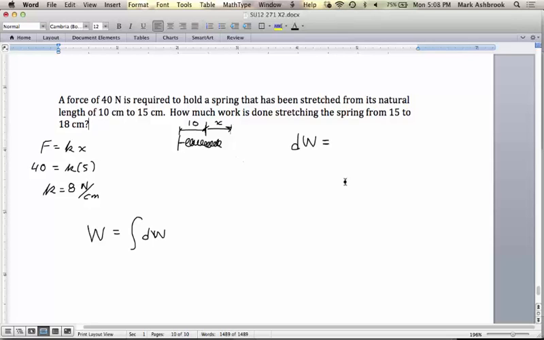So anyone think they got it? Force times distance, right? What kind of distance? As soon as you stretch it a further distance, what happens to the force? It increases. We would get the force from 10 to 15, then from 15 to 18, and add them together.